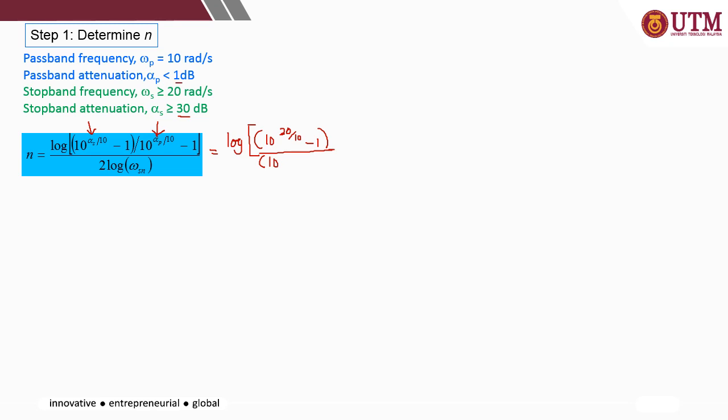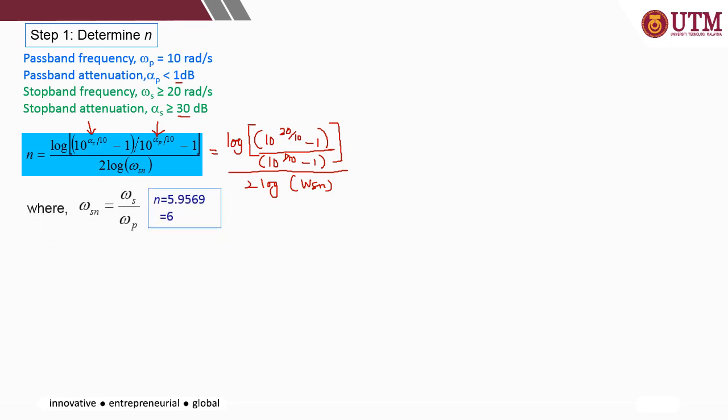Alpha P is 1, so 10 to the power 1 divided by 10, minus 1. Then this is divided by 2 log of omega Sn. So omega Sn for low pass filter is omega S over omega P.